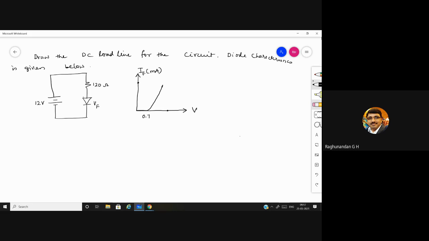After that, we join them, and the point where the VI characteristics curve and the DC load line meet is known as the operating point.